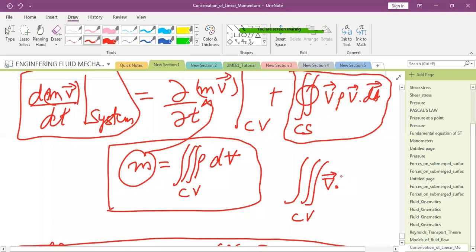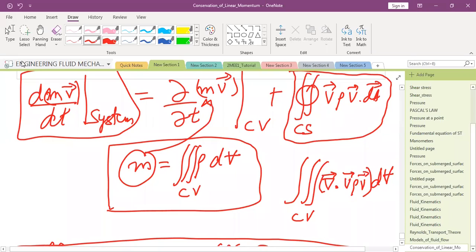Is it rho v vector or v rho v vector? Yes sir, v rho V vector. V rho v vector into small volume dV. Clear? Any doubts to anyone?